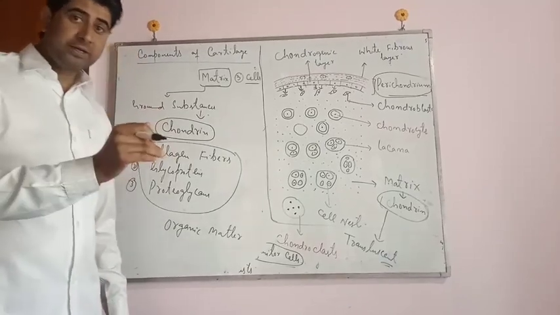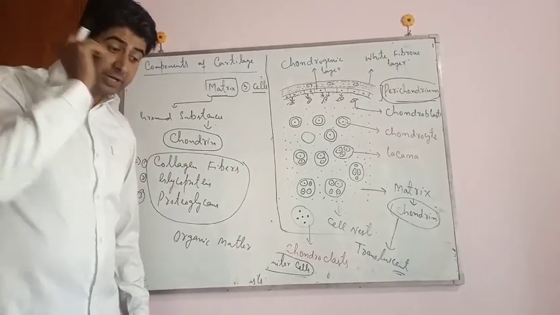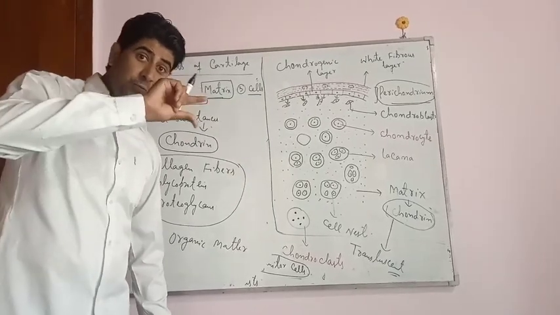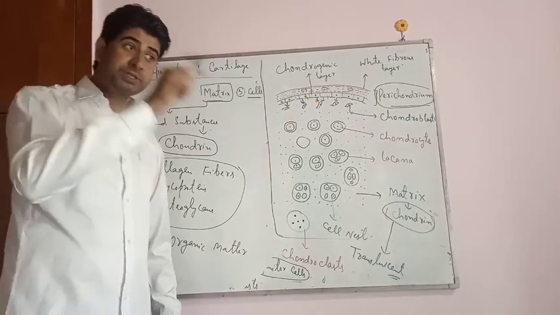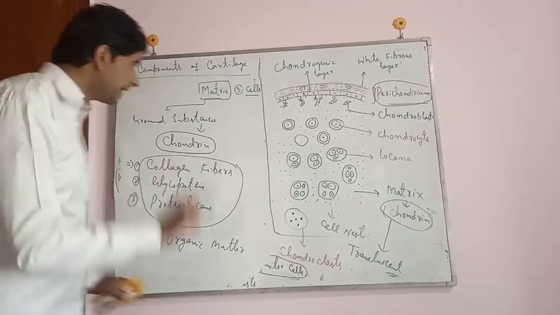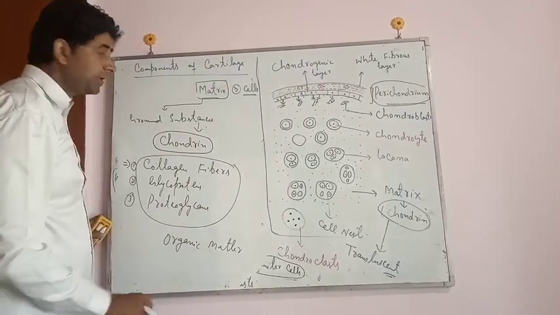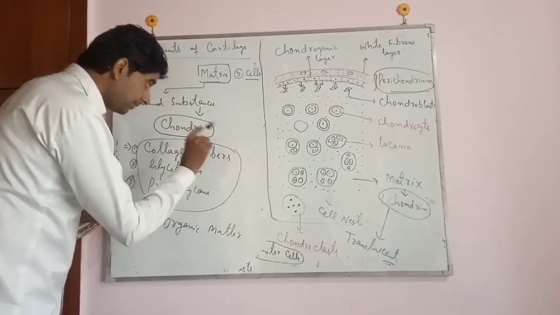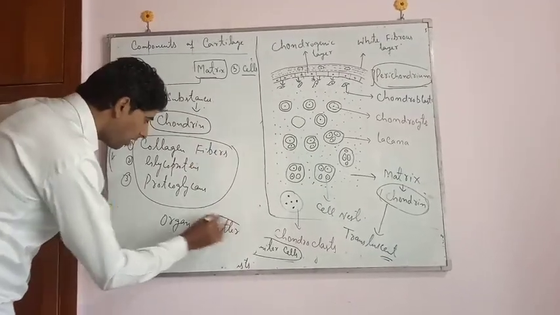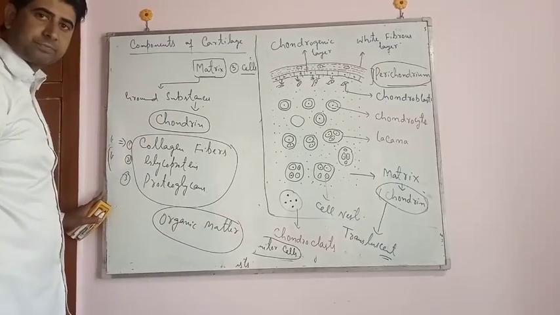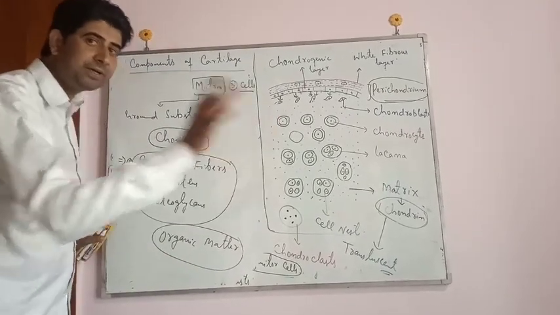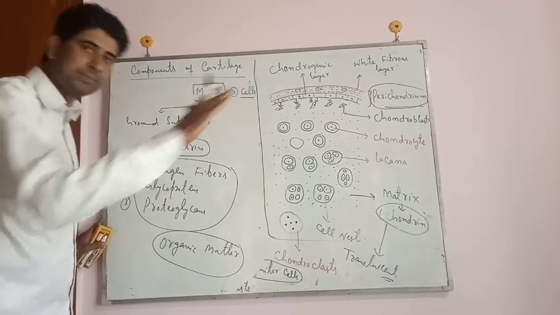Since bones have more inorganic matter, they are harder and more rigid. In the case of the cartilage matrix, it is made up of only organic matter, and this organic matter provides a little rigidity as well as flexibility.